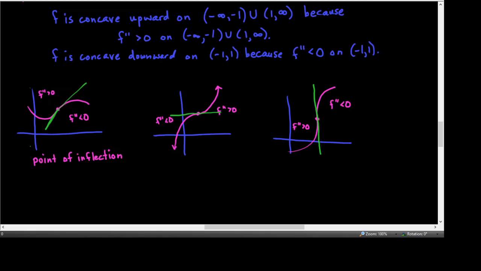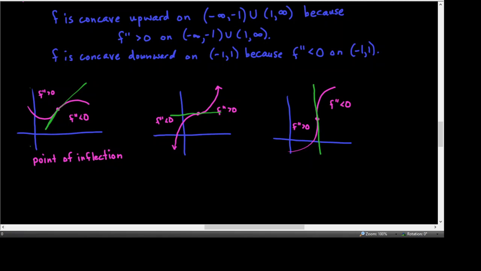According to Theorem 3.8, if (c, f of c) is a point of inflection on the graph of f, then either f double prime of c is 0 or f double prime of c does not exist. And again, the fact that f double prime of c is 0 or doesn't exist doesn't mean you will definitely have a point of inflection. It just says it's possible.